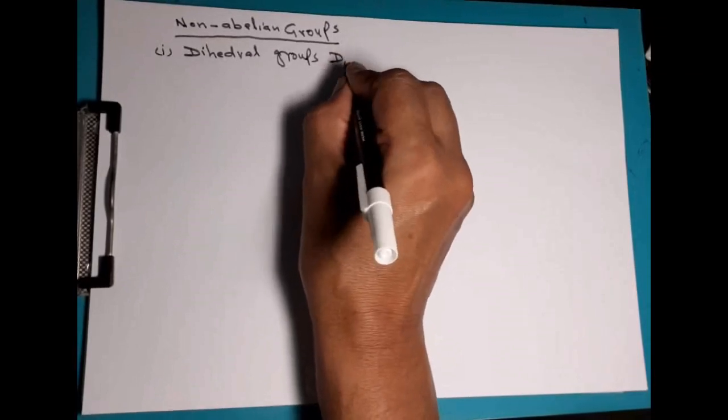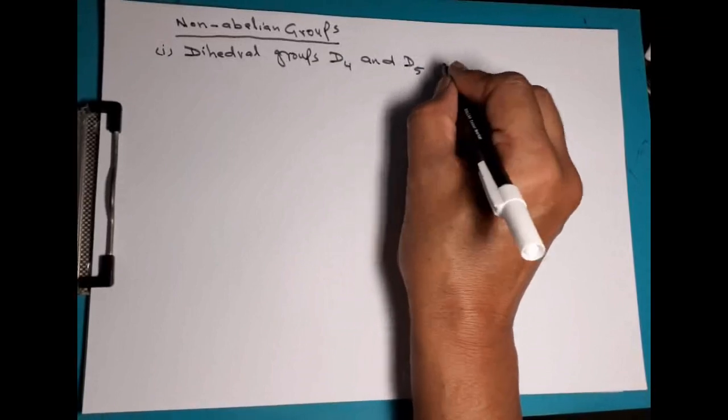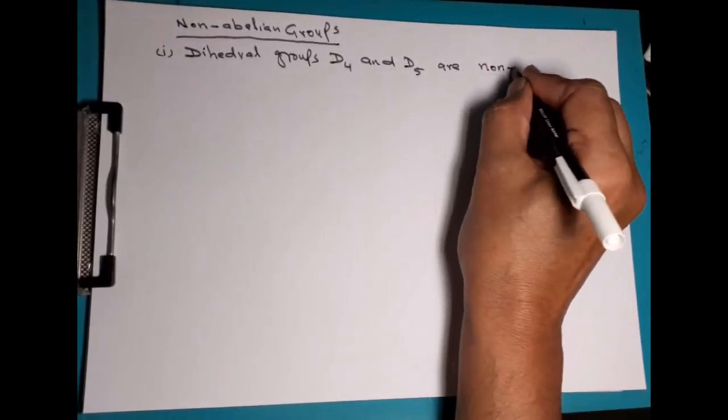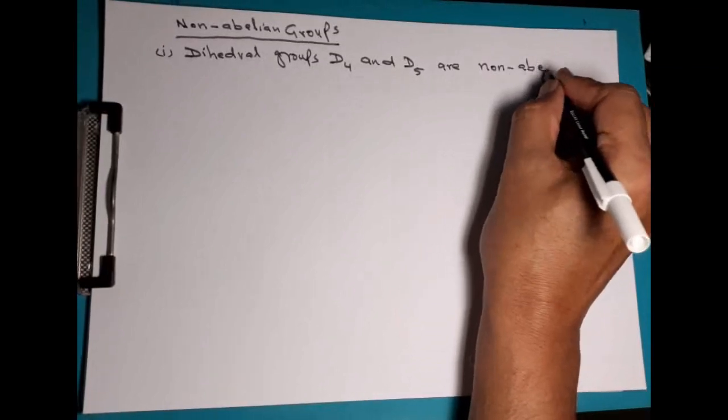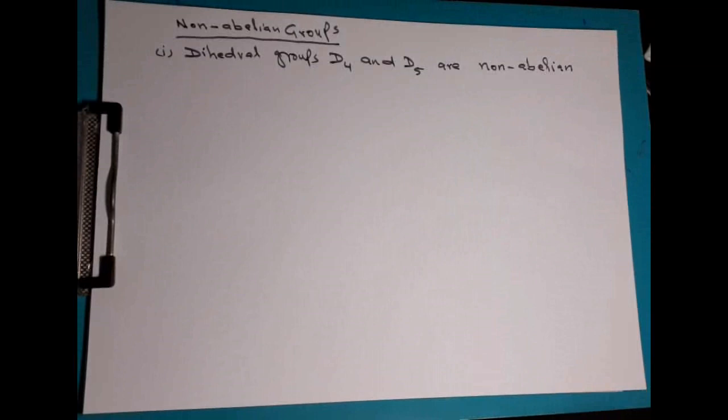D4 and D5 are non-abelian, and you must have noted that in our previous session. You can go back and note that these groups are non-abelian groups.